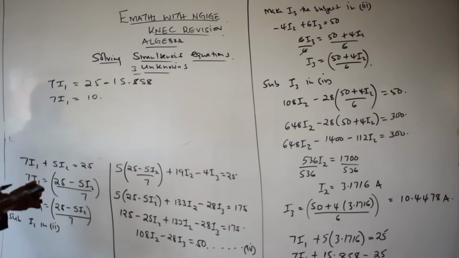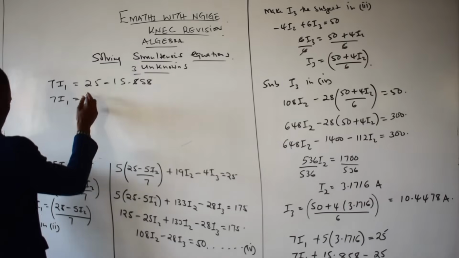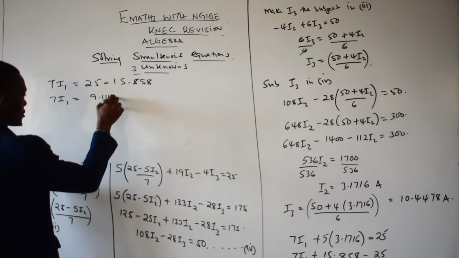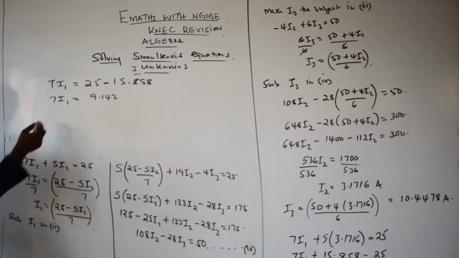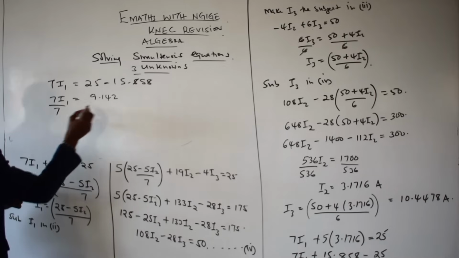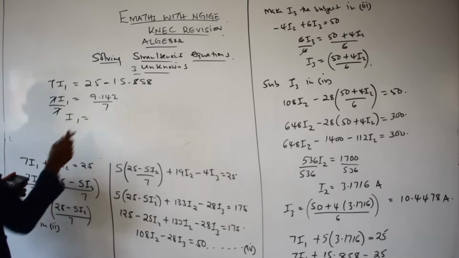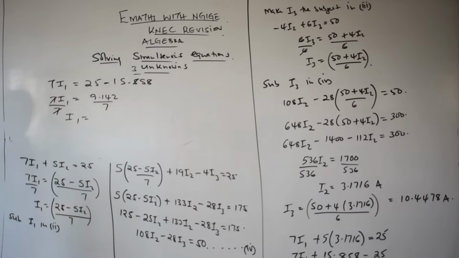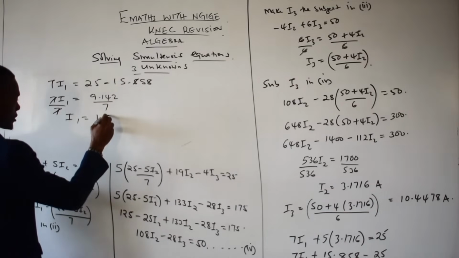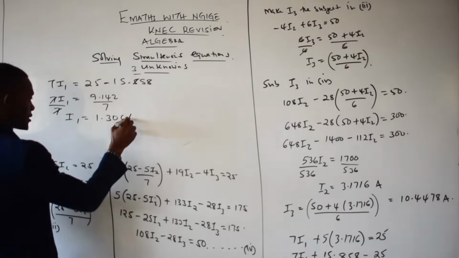We have 25 minus 15.858. It gives us 9.142. Now for us to get I1, divide by what? Divide by 7, I1 divided by 7. We get I1 equals 9.142 divided by 7, which is 1.306 amperes.